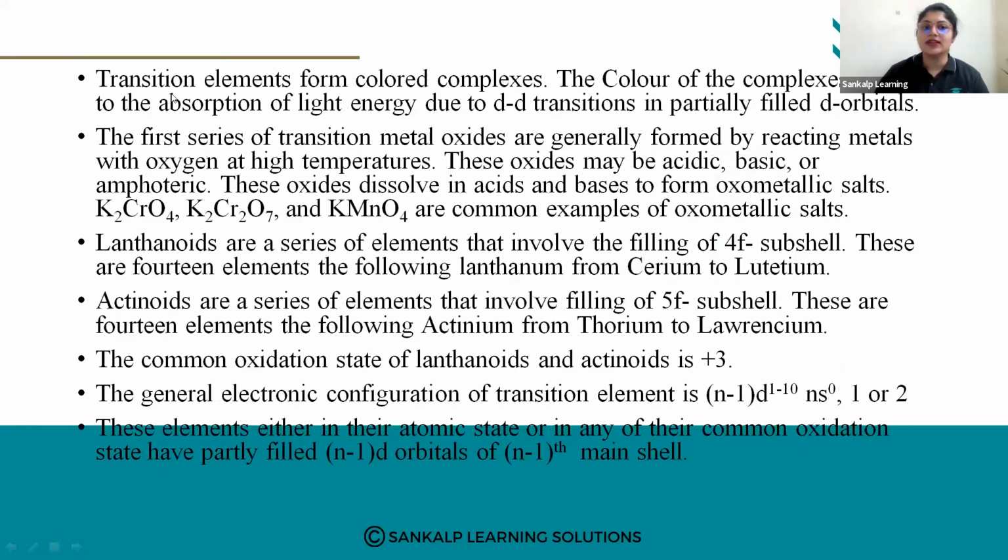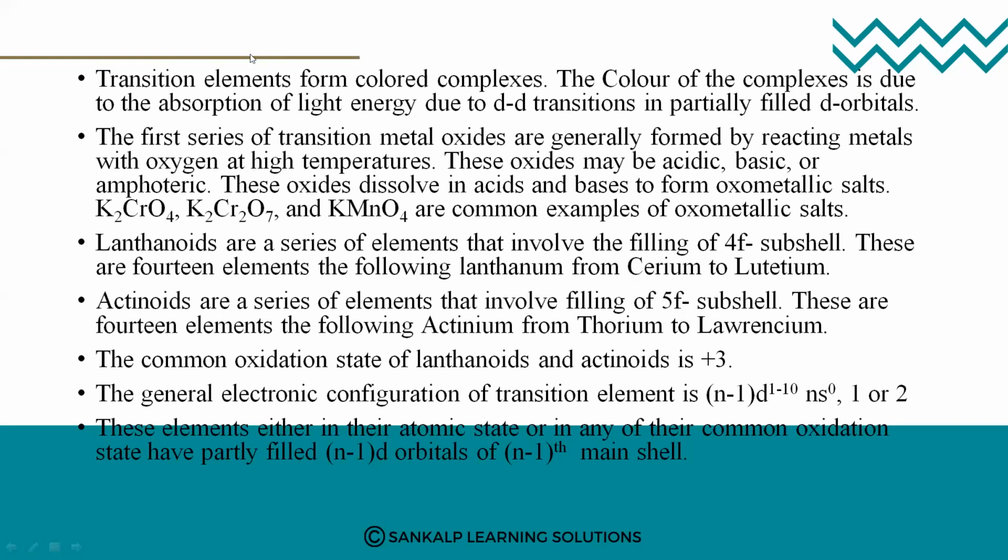Then we have seen about transition elements. They form colored complexes. Why? What is the reason? The color of these complexes is due to the absorption of light. When it undergoes a d-d transition, means what? If the electron is in the ground state, it will try to excite to a higher energy state.